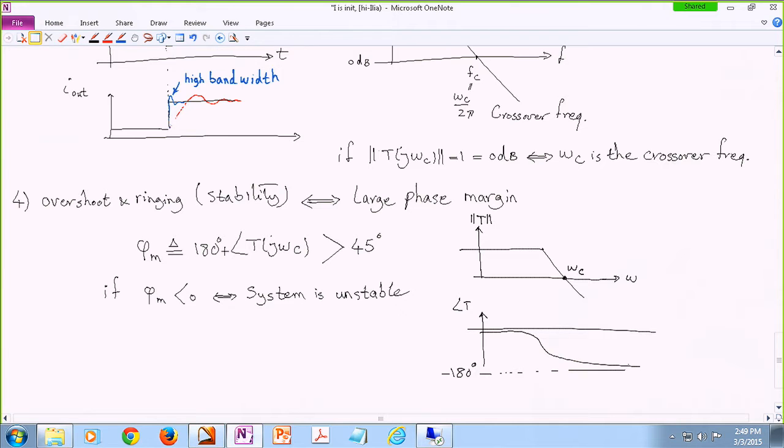You see something like this, and this distance over here is your phase margin.